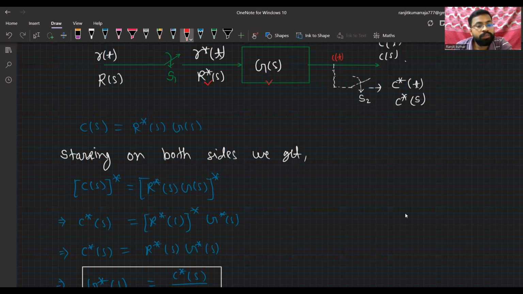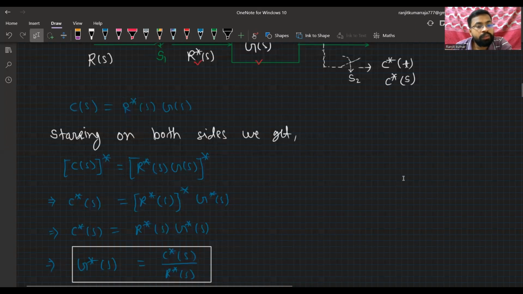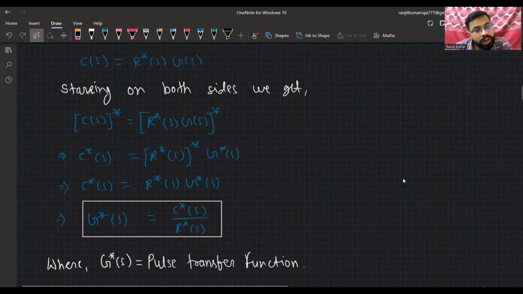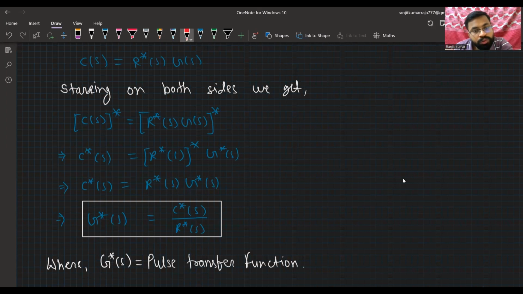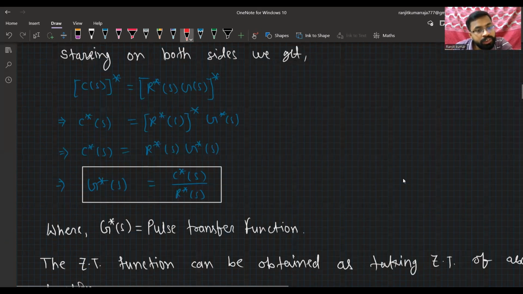After that C star of S equals R star of S star into G star of S. Always remember, the star of a star function is always the same function.